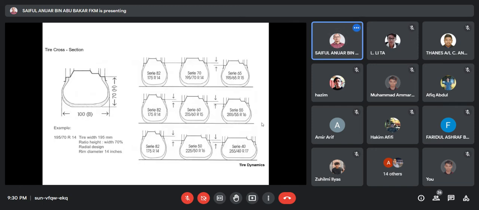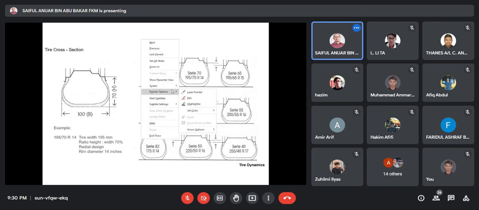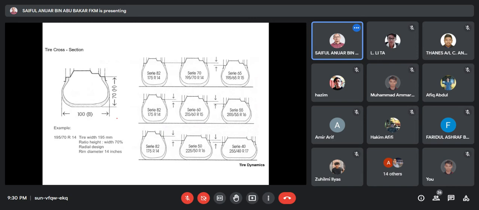Okay, this is a tire cross section. Basically, this is the code that I believe you already know how to read. So if you have 195, this is actually 195 mm.